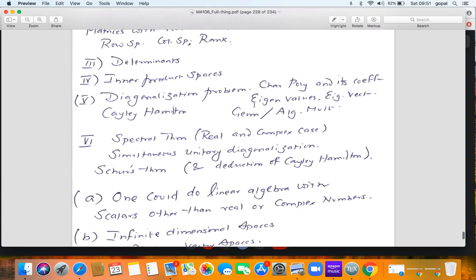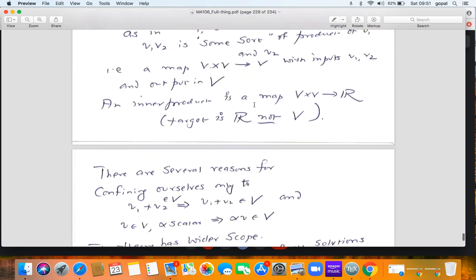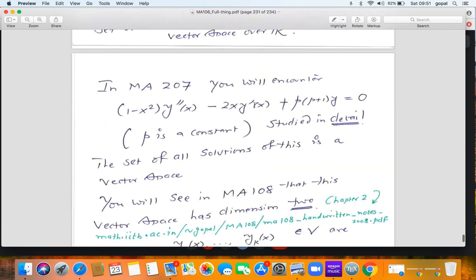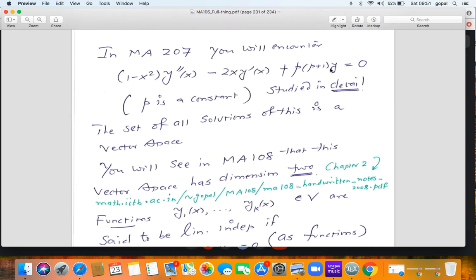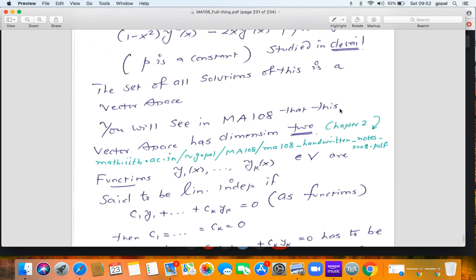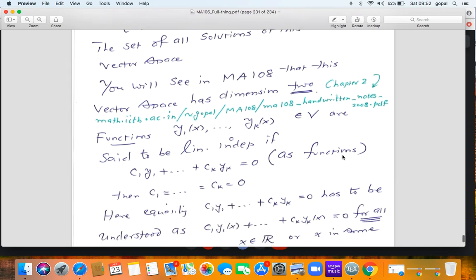All of these concepts make sense for abstract vector spaces. And in that context, the solutions of this differential equation form a vector space of dimension 2. You will see why that is so in MA108. If you're curious, you can look at my handwritten notes on my website.